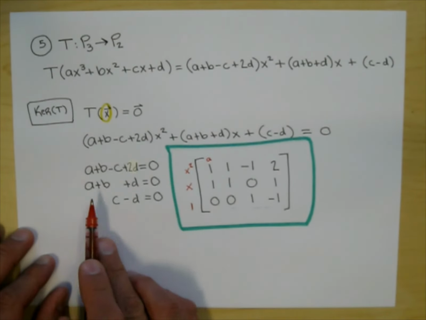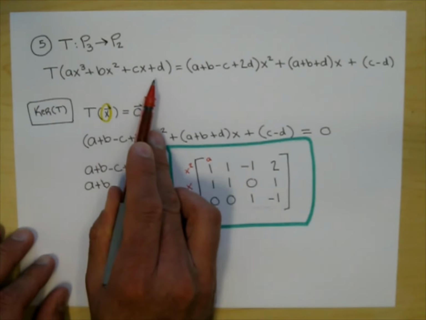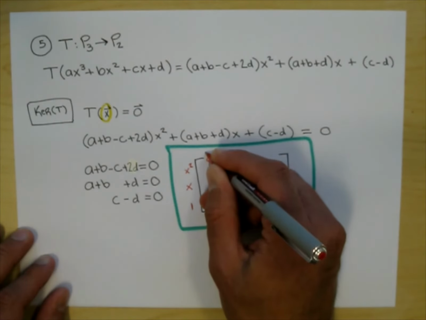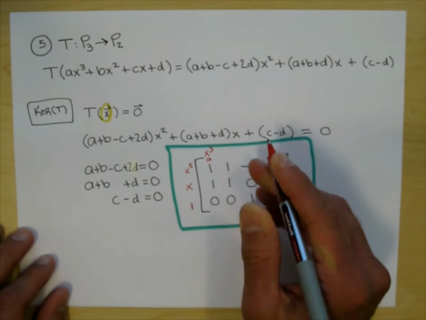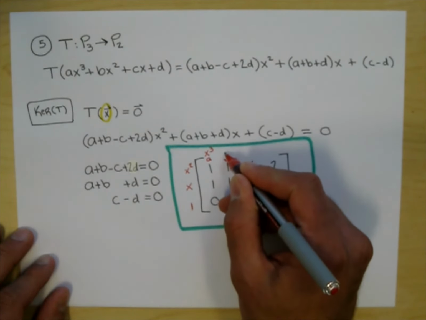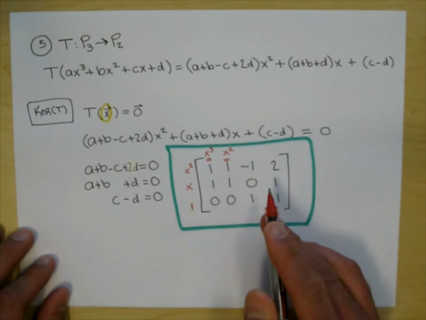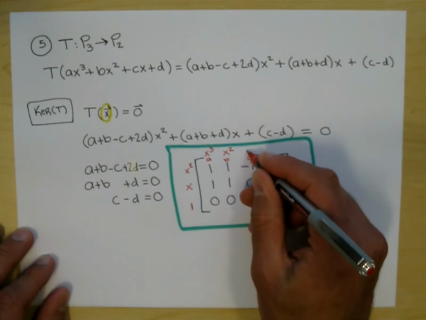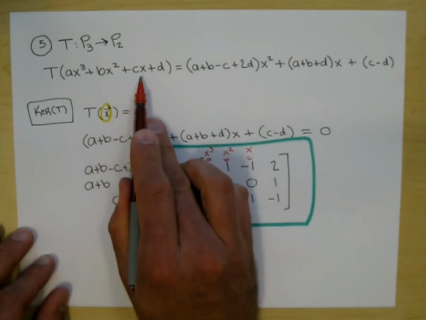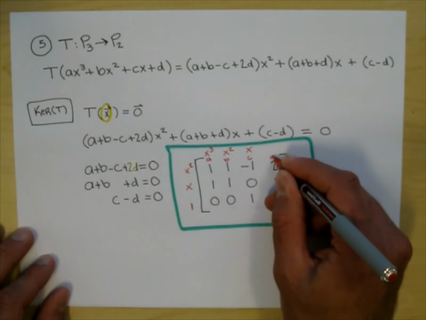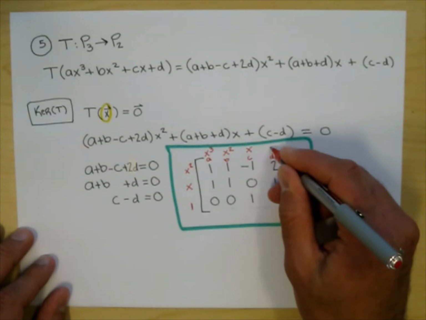But what is a in front of? I'm actually trying to find the kernel, and a is the coefficient in front of the x cubed. And this column corresponds to b, which is the coefficient in front of the x squared. This column corresponds to c, which is the coefficient of x. And this column corresponds to d, which is the coefficient of 1.